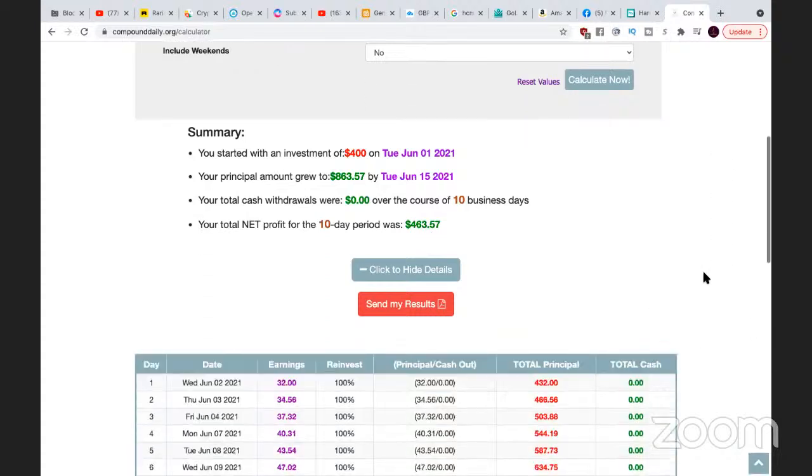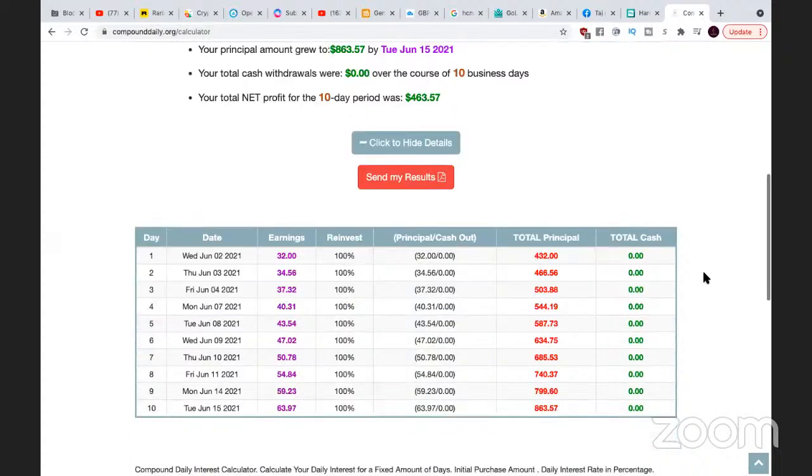So when we scroll down, here's your trading plan. On day 1, when you're on the phone with the educator or wherever, you only need to make $32. So you need to play around with Pocket Option or IQ Option or whatever, and figure out: am I going to try to make $32 in one trade, or am I going to break it up? Because you could break it up.